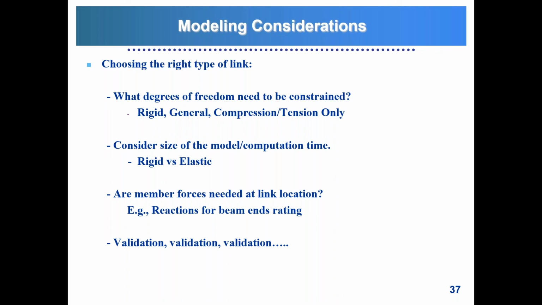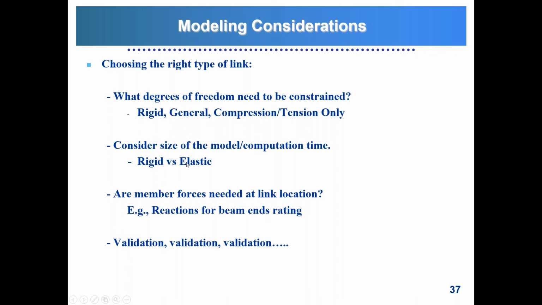So that means the influence lines and the moving load analysis, all of the influence of the moving load, have to be calculated for elastic links. So in larger models, elastic links tend to take more time to solve.